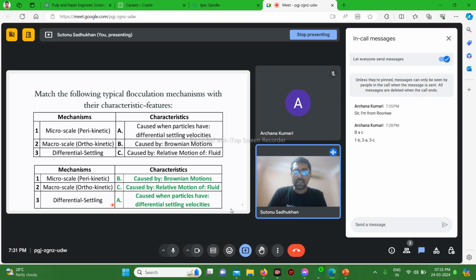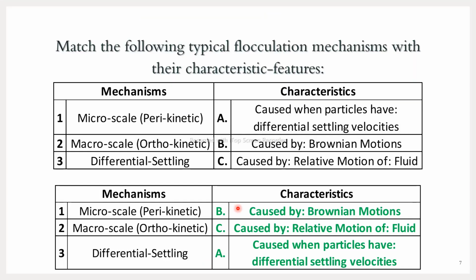If statistical thermodynamics is combined with fluid mechanics, they can study the motion of fluid in different layers, layer by layer. That's why the macro scale is caused by the relative motion of the fluid. So this is the correct answer.